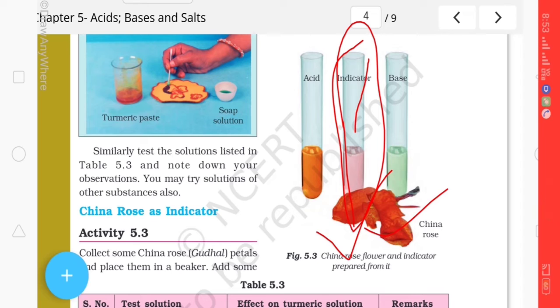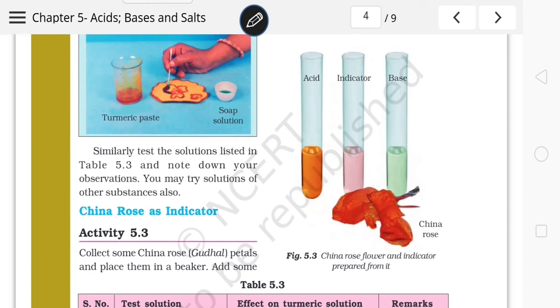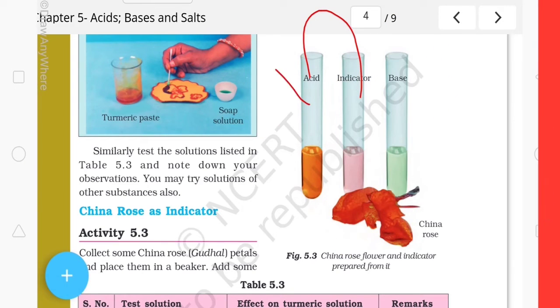It is an indicator, because we all know China rose is a natural indicator. And we are taking another two test tubes. In one test tube we are taking the acid, and in the other test tube we are adding base. Now let's add a few drops of indicator in the acid and also in the base. When we add this indicator in acid, the solution will turn dark pink in color, and when we add it in base, the solution will turn green.